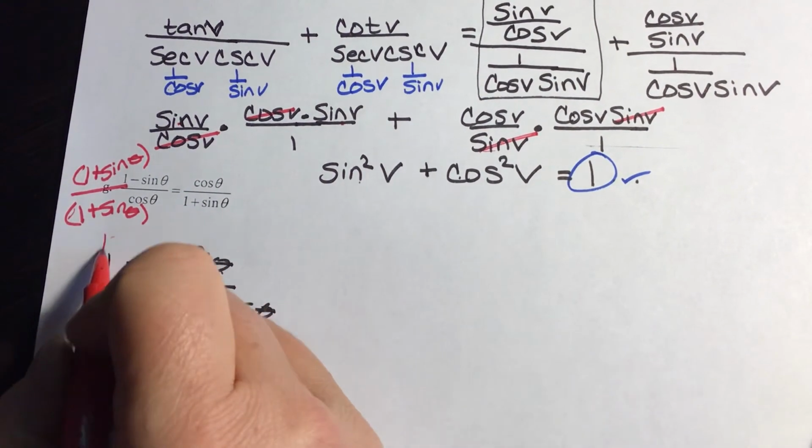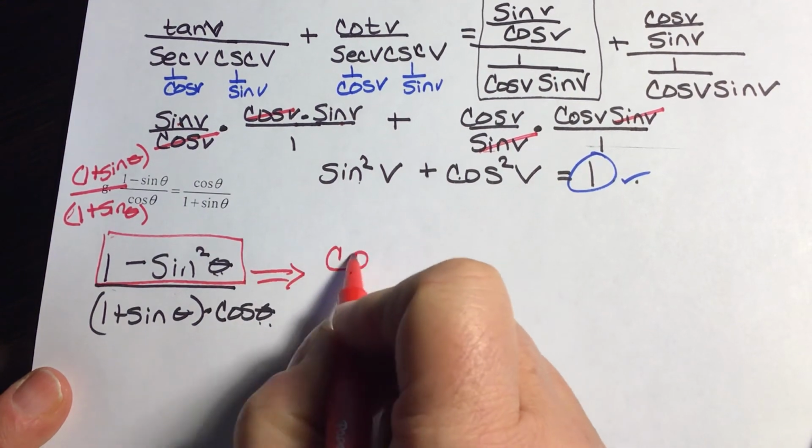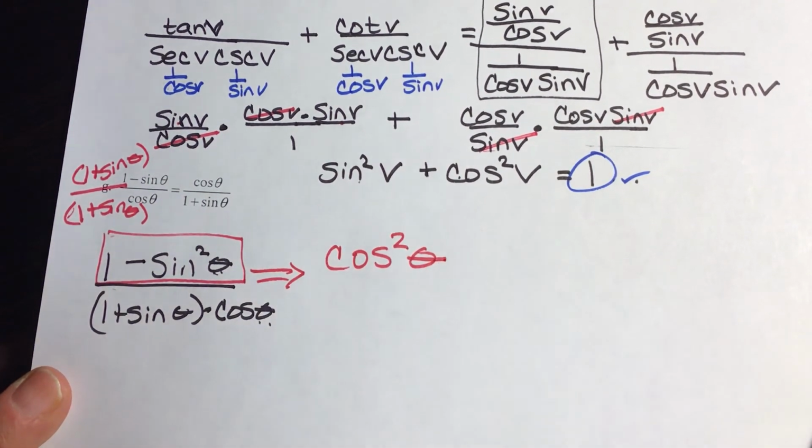So this value right here is cosine squared of theta.